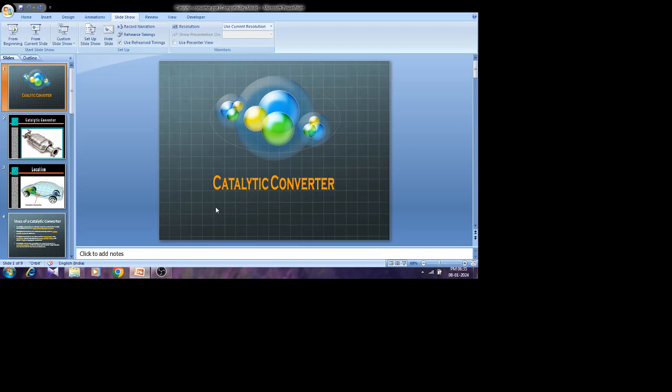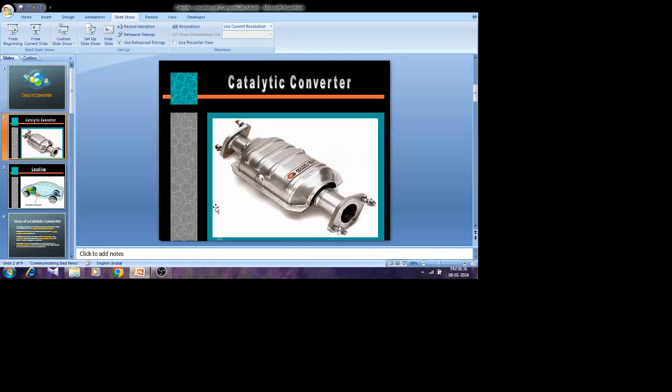Actually, as I mentioned earlier, the catalytic converter can be used in motor vehicle exhaust systems. Not only there, it can be used in generators and forklifts, and also in mining equipment, trucks, buses, trains, and other engine-equipped machines.